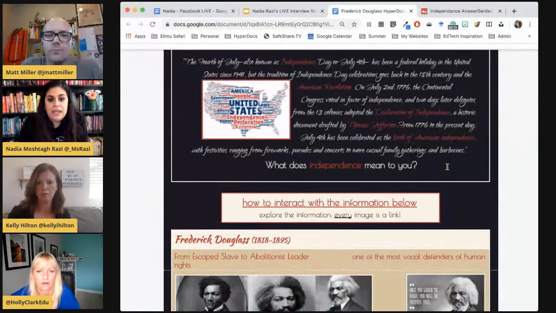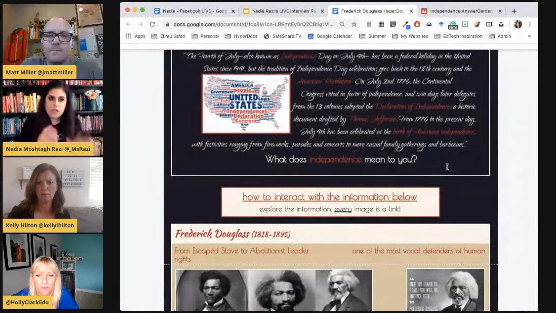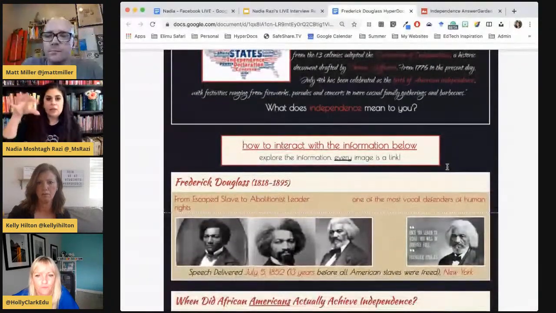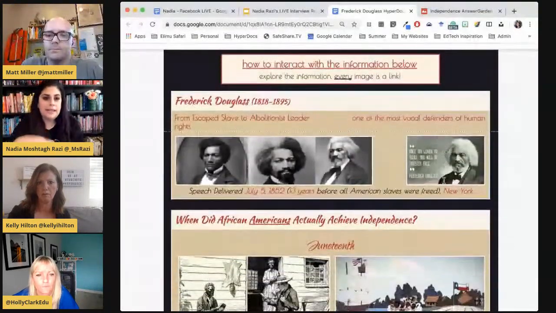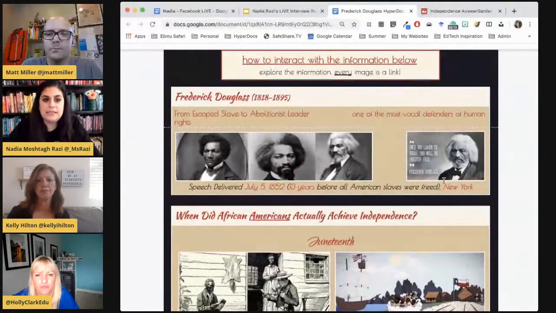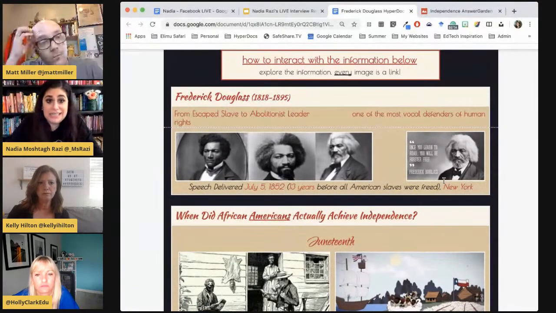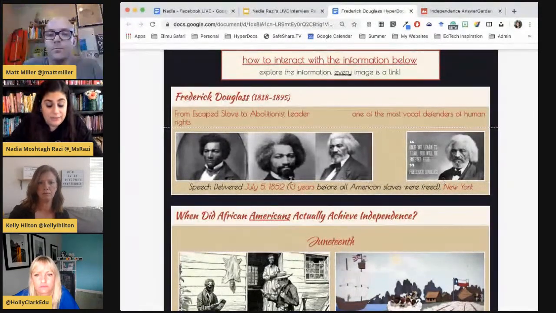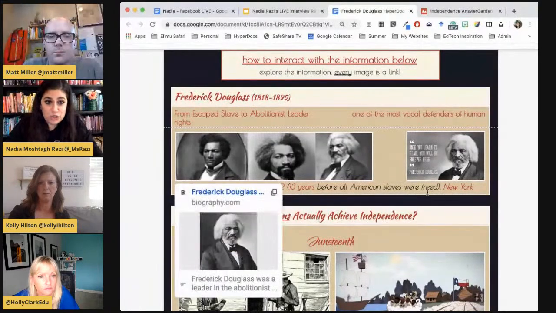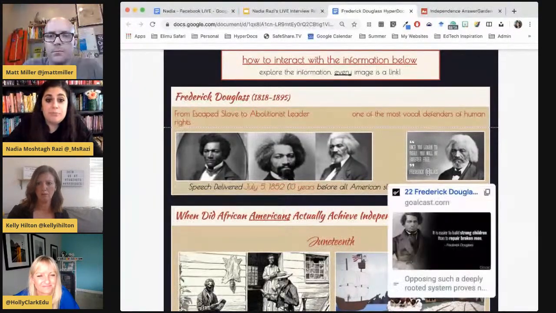So we used that idea of independence, discussed it in class, and then went into the actual explore section of the HyperDoc, where I was presenting more of the information. First we have information about who Frederick Douglass is. Unfortunately, a lot of our school systems are not doing an adequate job of introducing Black authors, Black activists, Black historical figures, all of these things.